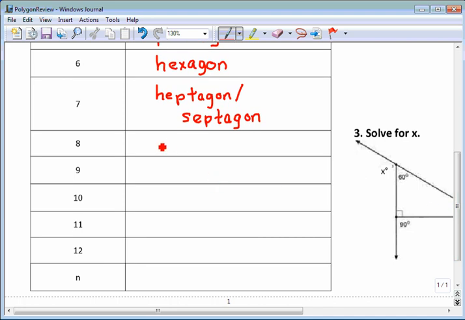Okay, an eight-sided figure is an octagon. Very good, octagon. A nine-sided figure is a nonagon.